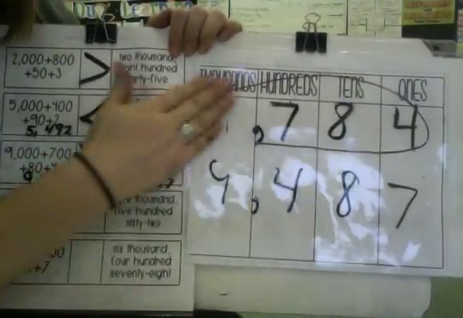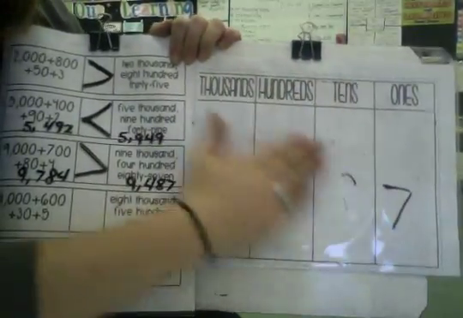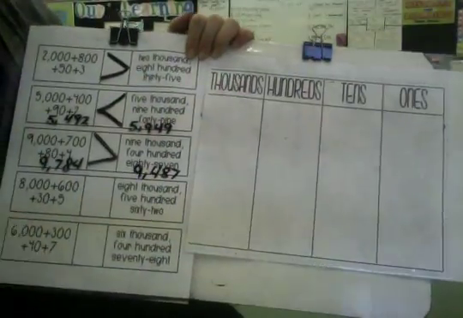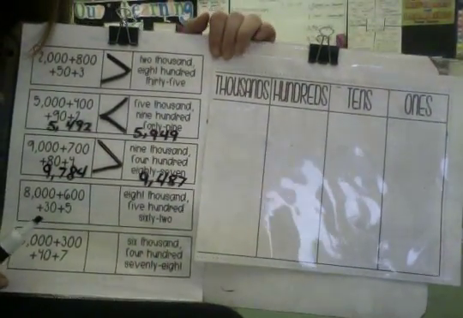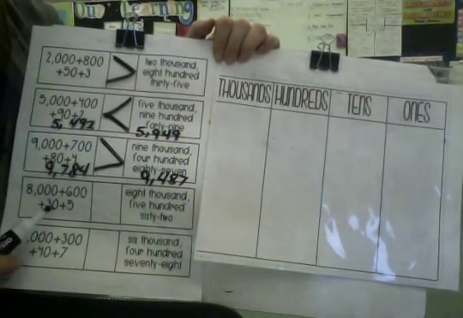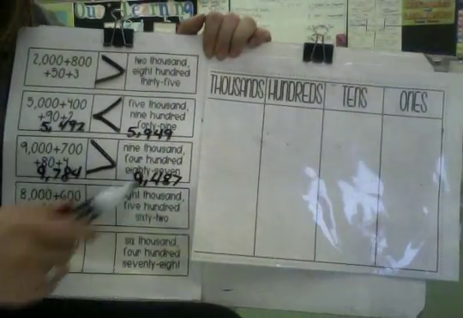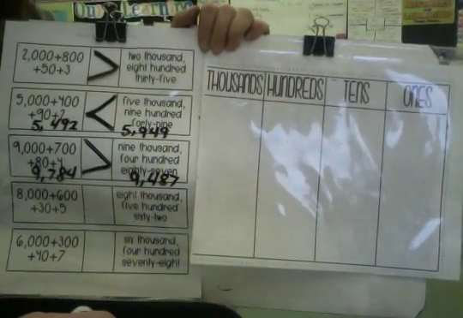Go ahead and erase your templates. Let's try the next one. 8,000 plus 600 plus 30 plus 5. Please write that number in standard form onto your place value chart.